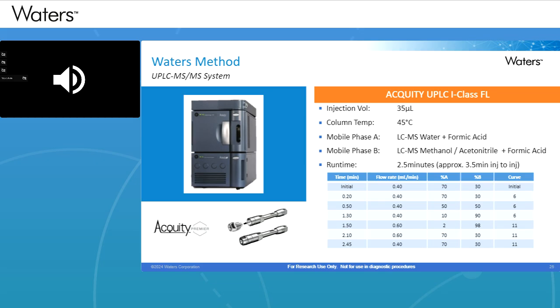This was to speed up this process so that we could minimize the injection to injection time. And overall, this gave us a reasonable runtime of approximately 3.5 minutes injection to injection, allowing for higher throughput of samples, whilst also importantly maintaining the chromatographic resolution of free T3 from reverse T3.